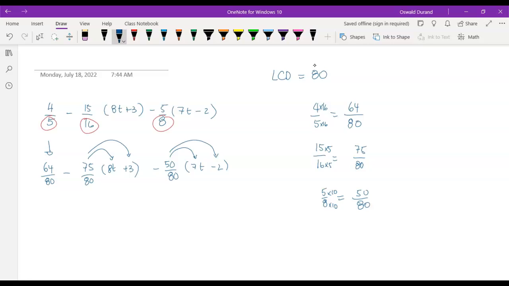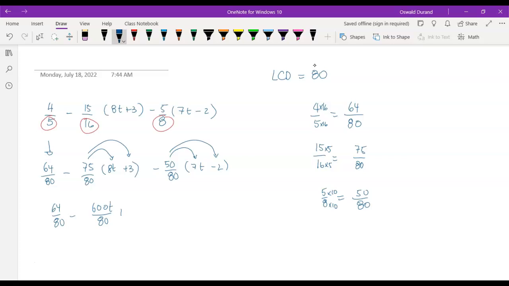All right, so here at 64 over 80 minus 75 times 8 is 600. So we're going to put 600t over 80, right? That's minus.